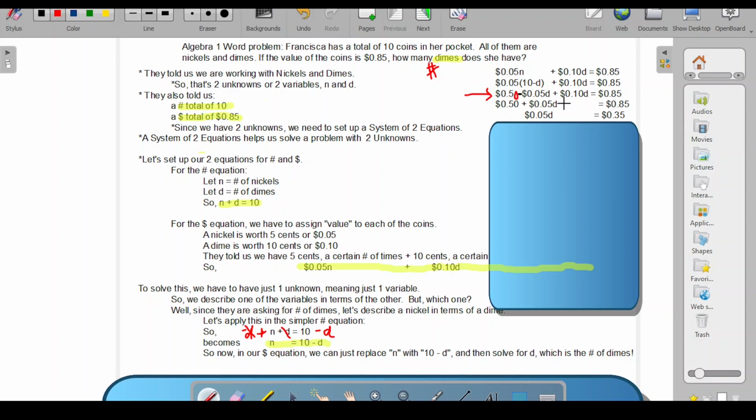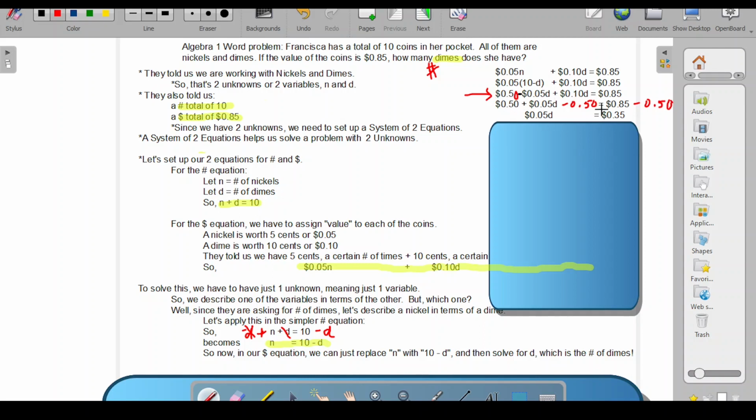So if I added a negative, it's just like subtracting. If I subtracted, and I won't put the dollar sign because I don't have enough room, sorry, 0.5, a negative 0.5 to this side, and then a negative 0.5 to this side.